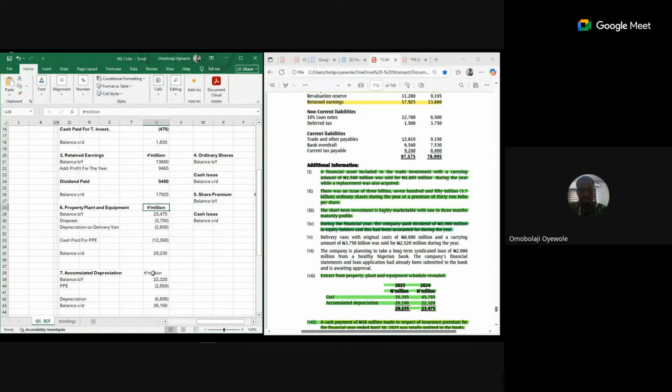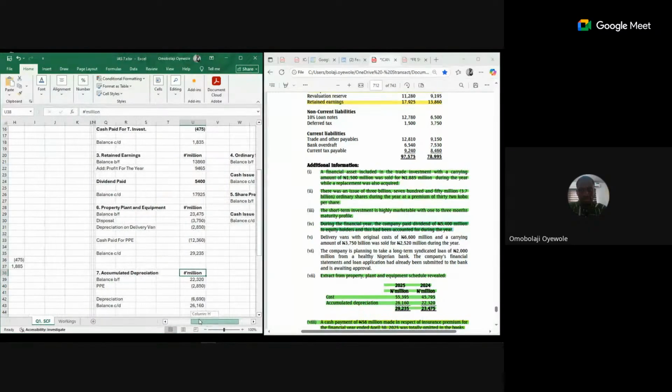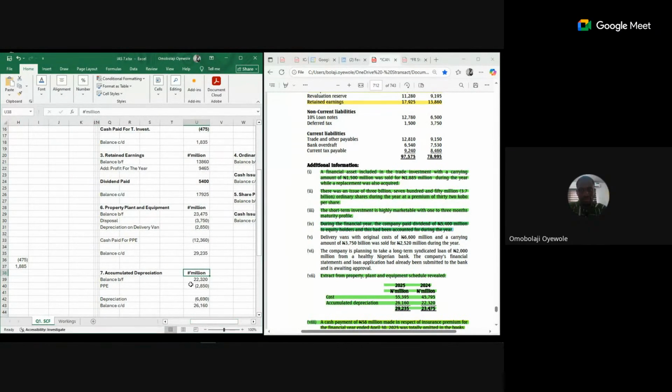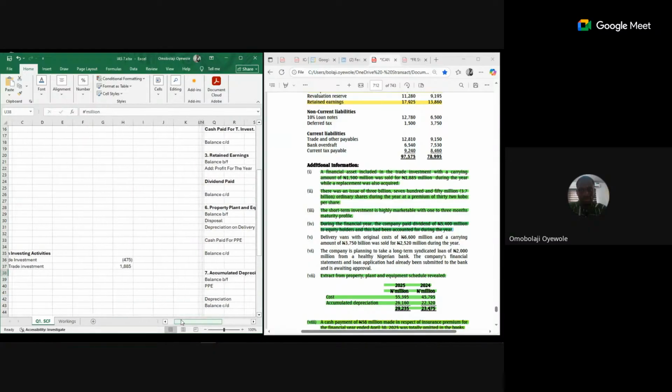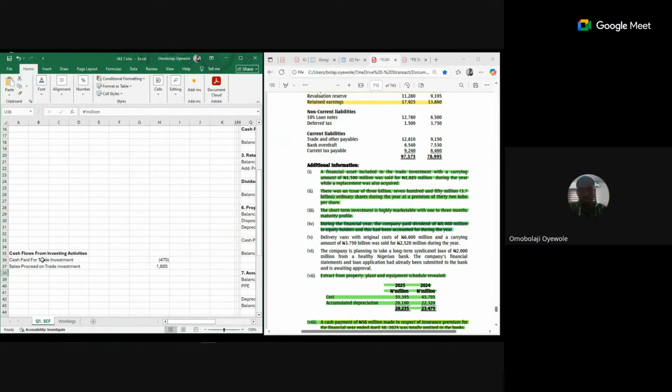Cash paid for non-current assets, we have said, is an investing activity. So let's quickly post this. Cash paid for PPE is 12,360, and that's an investing activity.